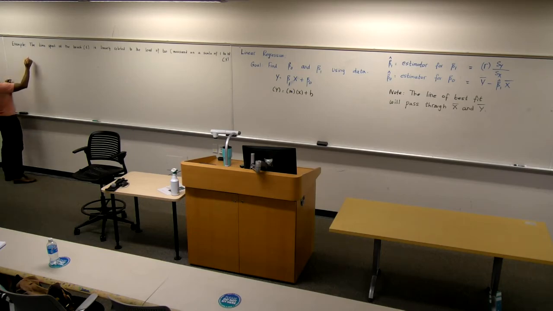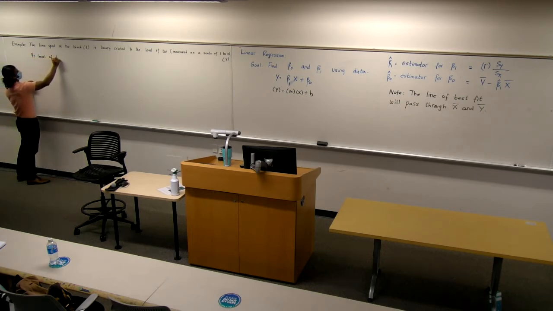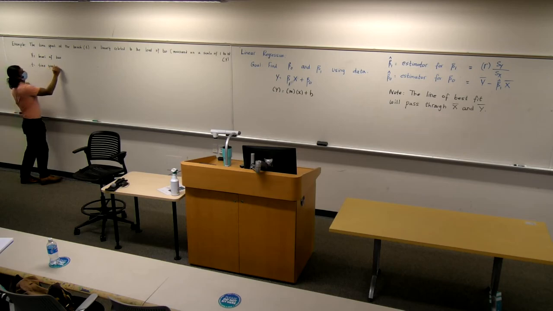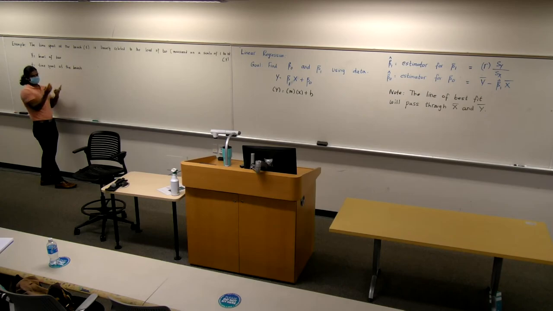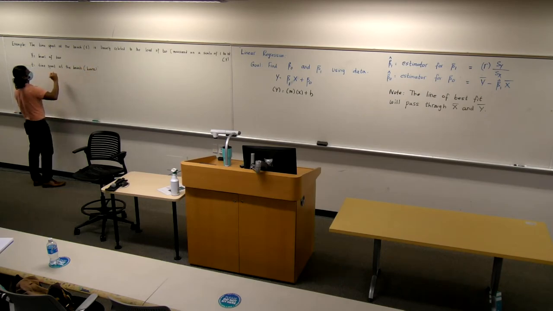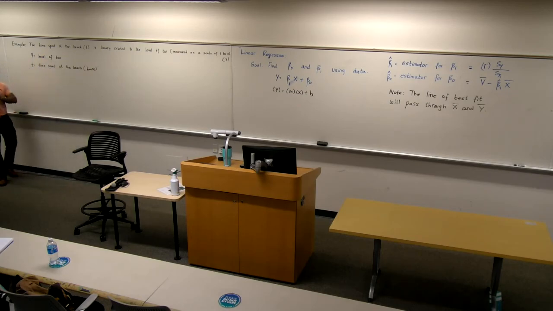So Y would be the level of tan, and T is the time spent at the beach. Typically we go for hours, so we'll make it in hours. That one doesn't have any units. So here is the sample.